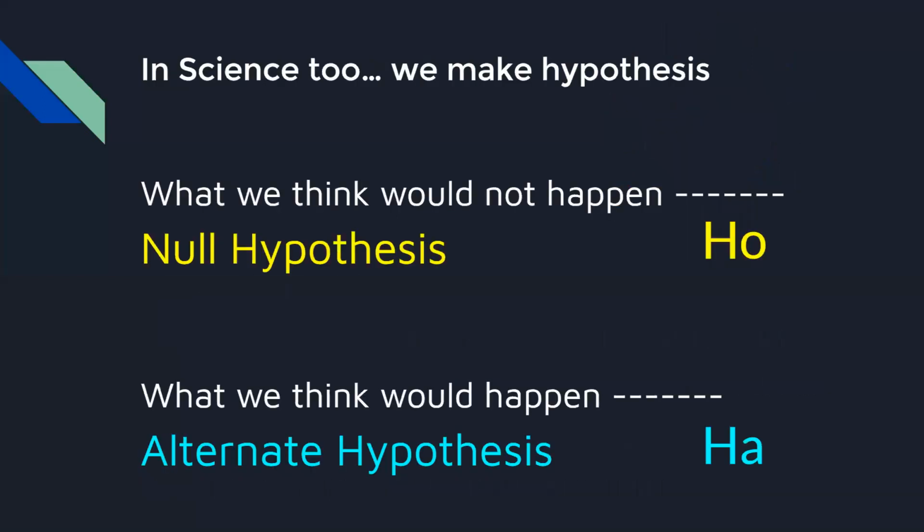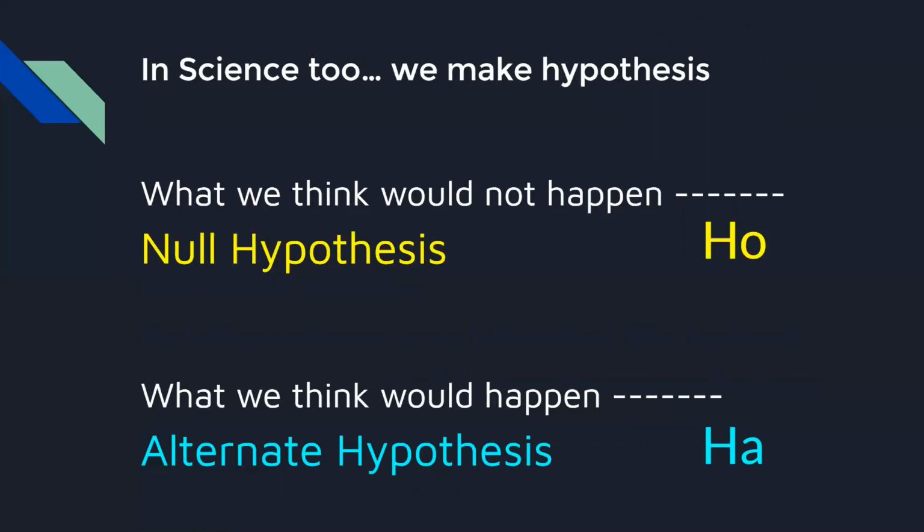So in fact, there are two commonly used terms in the scientific world, namely null hypothesis and alternative hypothesis. If we keep it simple, then what we think is not true is called the null hypothesis, but what we think is true is the alternative hypothesis.